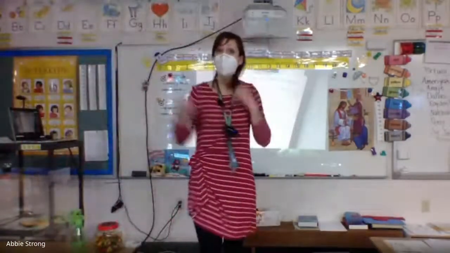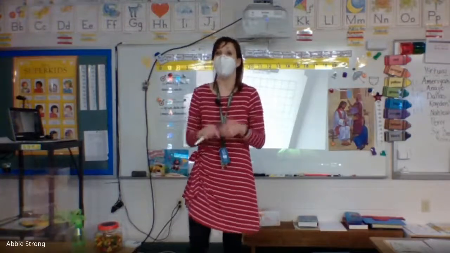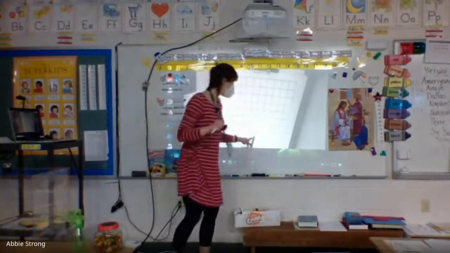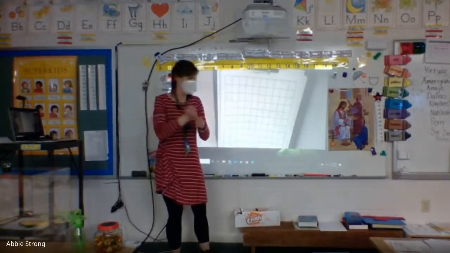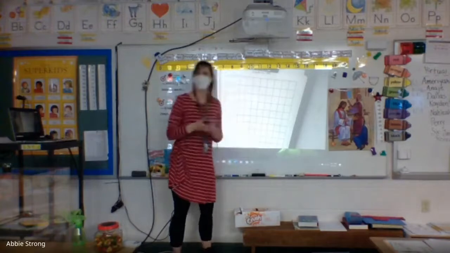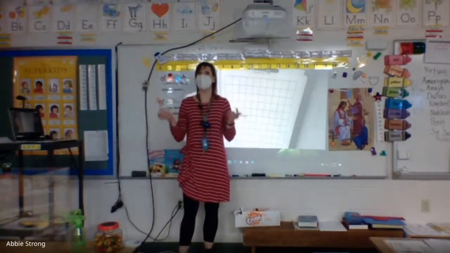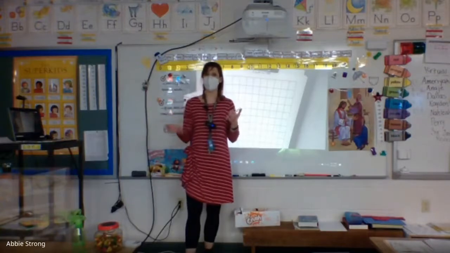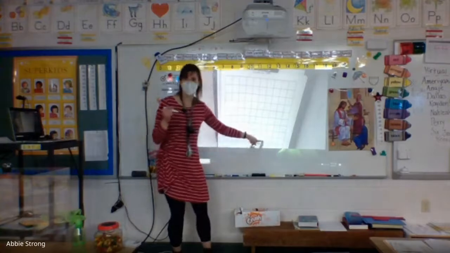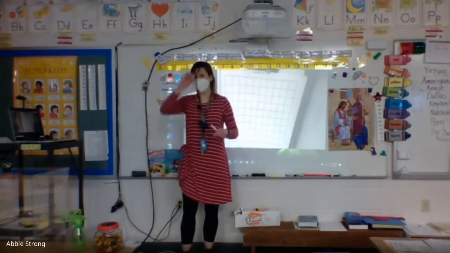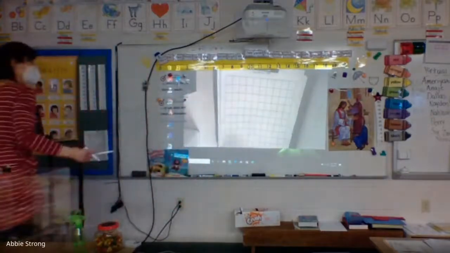So here's what we're going to do. I am going to ask you how many people are in your family. And then you're going to come up here and make your initials, okay? So when you make your initials, you have to do your first initial. Like for Kaylee, she would do a K, and then she would do an H because her last name starts with an H. So she would write a K and an H in the box up here on the board, okay? Let me straighten this out just a little bit.